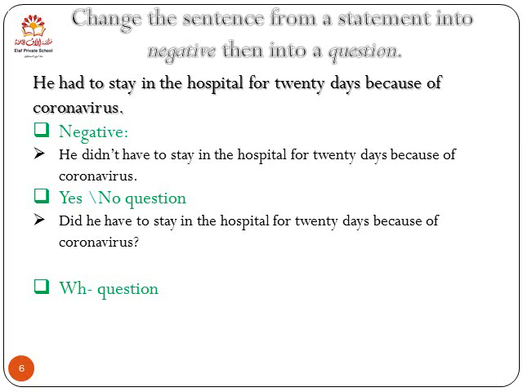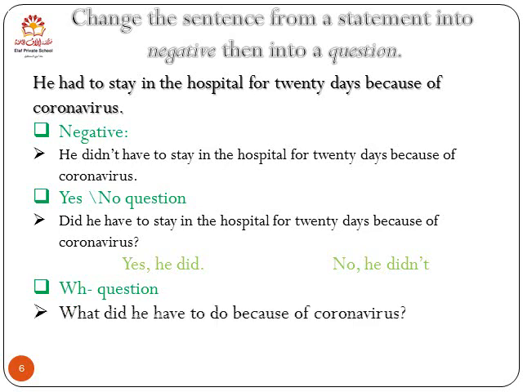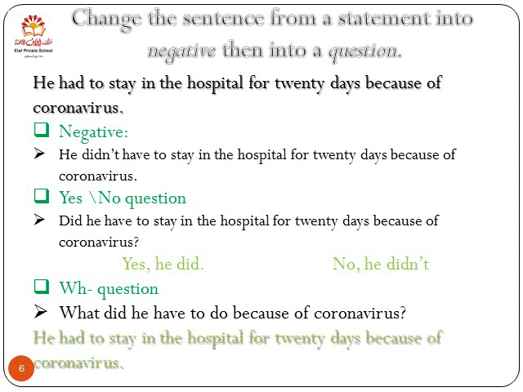Of course, the answer is yes, he did, or no, he did not. This is a short answer because the question is yes, no question. Now for WH question, what did he have to do because of coronavirus? Well, the answer is he had to stay in the hospital for 20 days because of coronavirus.